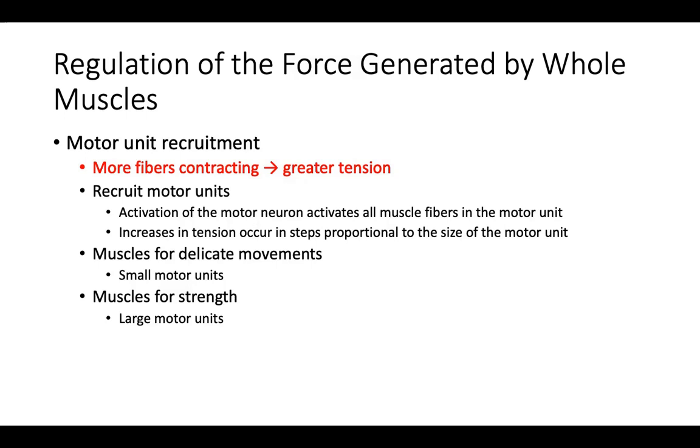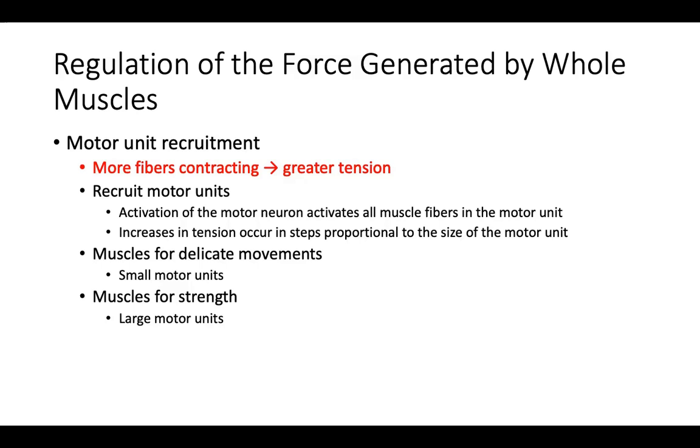And so those types of motor units are usually used for delicate movements. Again, lifting maybe something light, a piece of paper, touching your fingers, touching your eyes, right? The smaller muscles of the body, blinking, moving your toes. Those smaller, more delicate or fine touch movements are typically associated with smaller motor units.